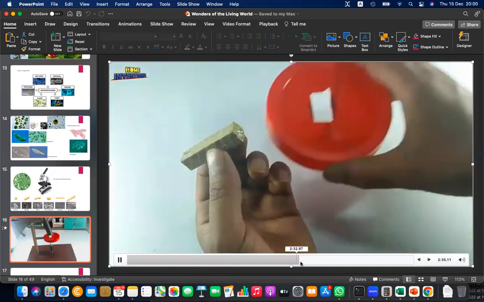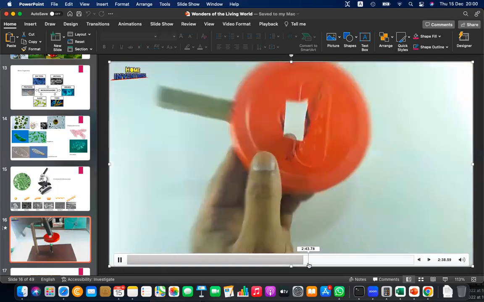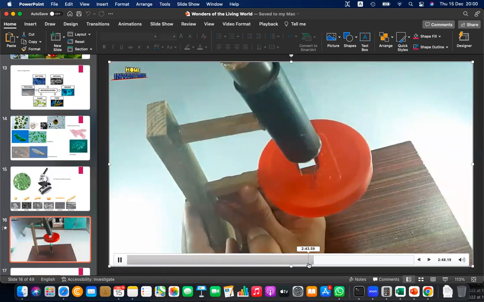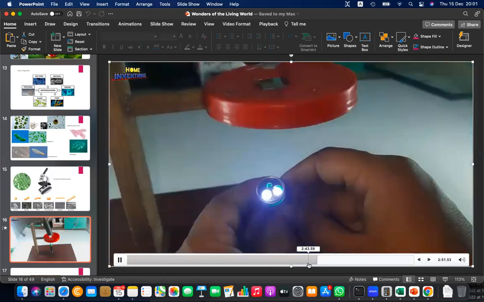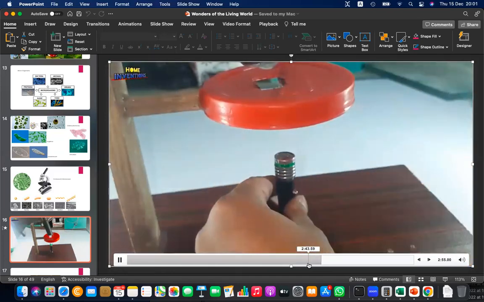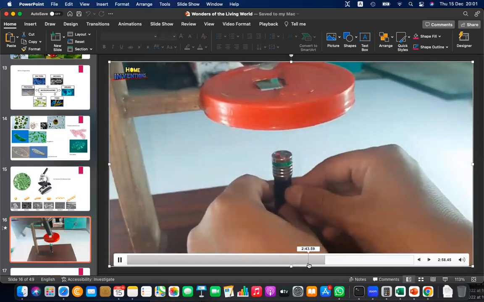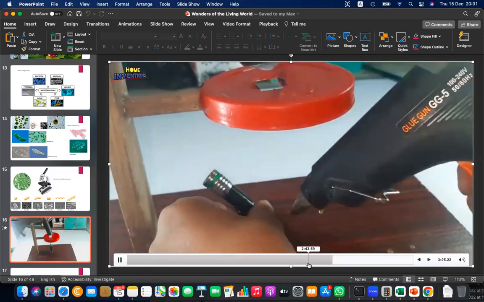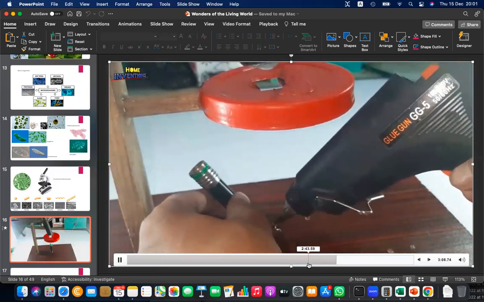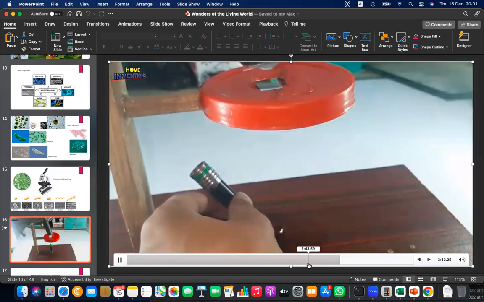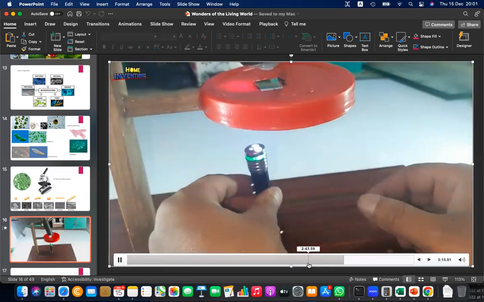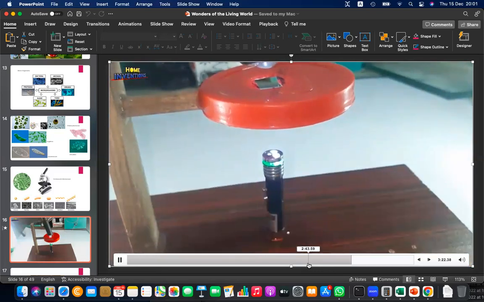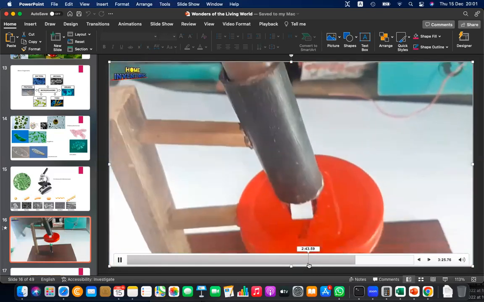This is to keep the slide. And you are using LED light. Okay, now everything is done.